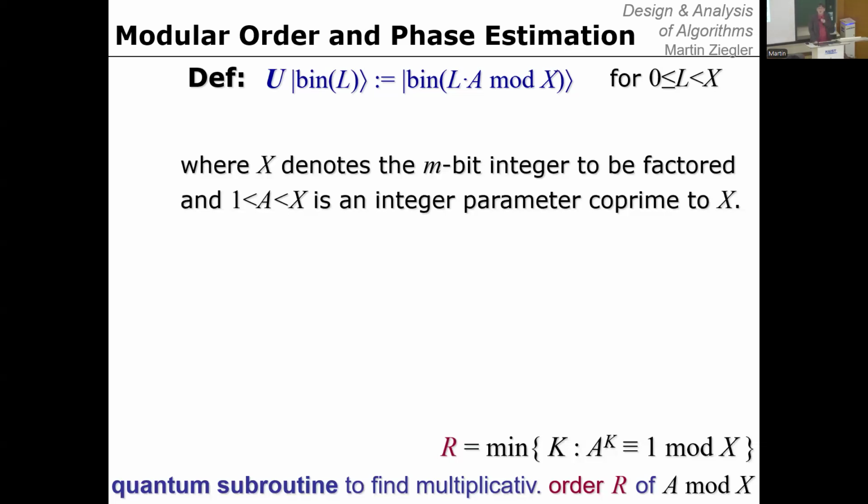Otherwise, we cannot realize it at all in this quantum circuit. So here's what we simply do in the other case. This is just a mathematical definition. And remember what people have been trying for 30 years, since Shor introduced this algorithm, trying to implement this operator, right? So far, this is just mathematics.